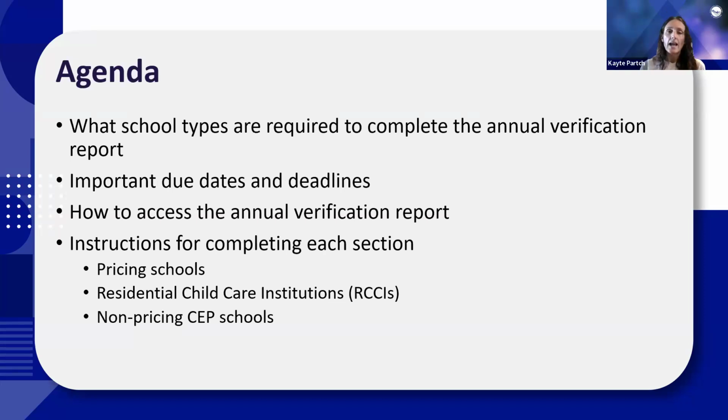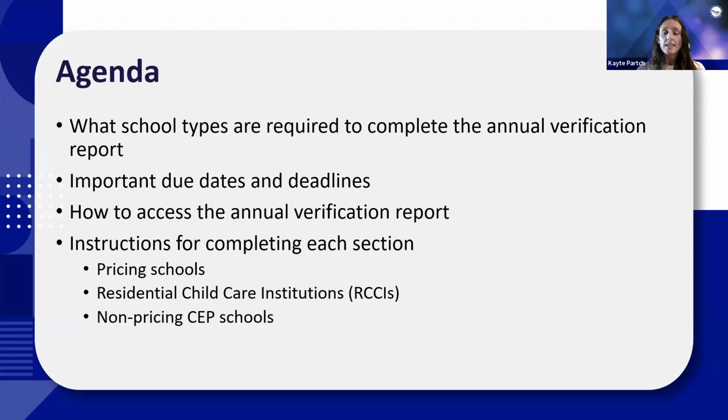So the agenda for today includes covering what school types are required to complete the annual verification report. We'll quickly cover some important due dates and deadlines surrounding verification and completion of the annual report. We'll cover how to access the annual report, and then we'll provide a lot of details and spend quite a bit of time going through the instructions for completing each of the sections.